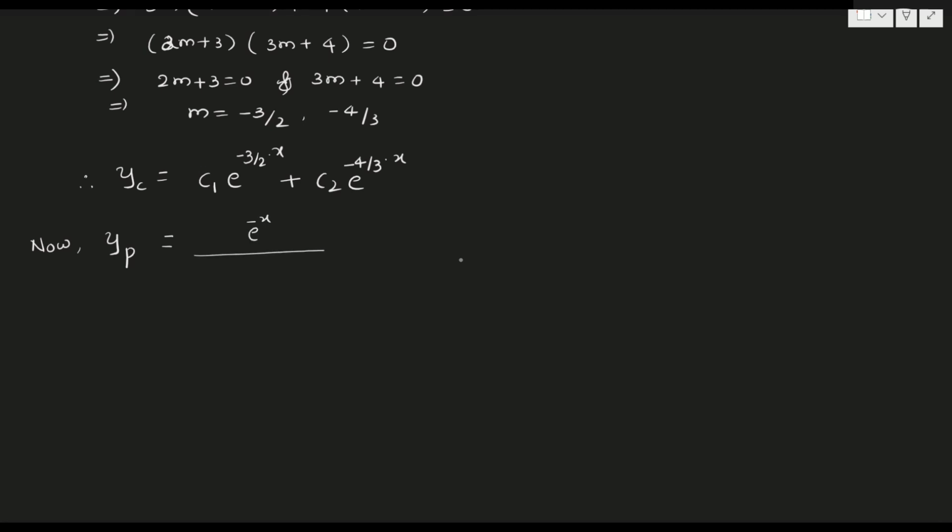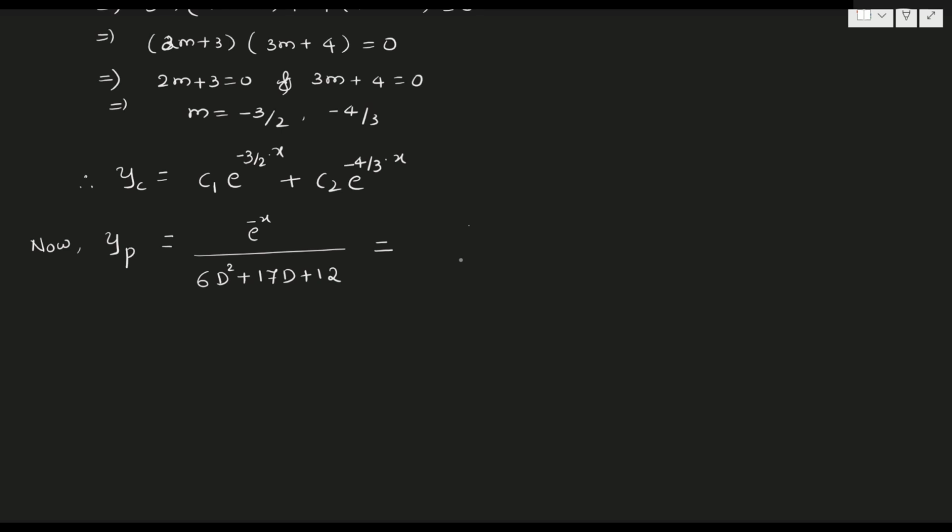F of D is 6D square plus 17D plus 12. The rule is that if the function is of this form, we substitute a in place of D. What is a here? The standard form is e raised to ax, so a is minus 1 here.